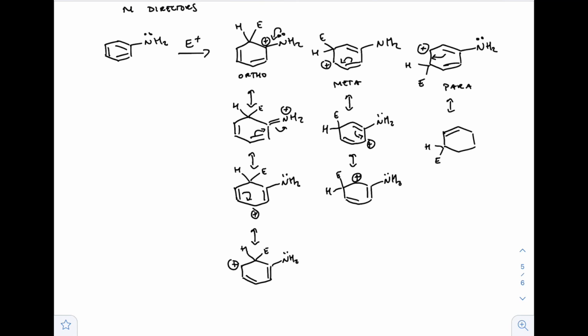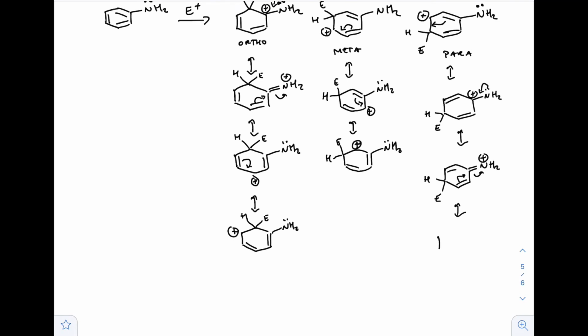For the para position, we can do the same thing as the ortho, in that we can put the positive charge on the carbon where the nitrogen is, and then another resonance structure would stabilize that positive charge with the nitrogen's lone pair.